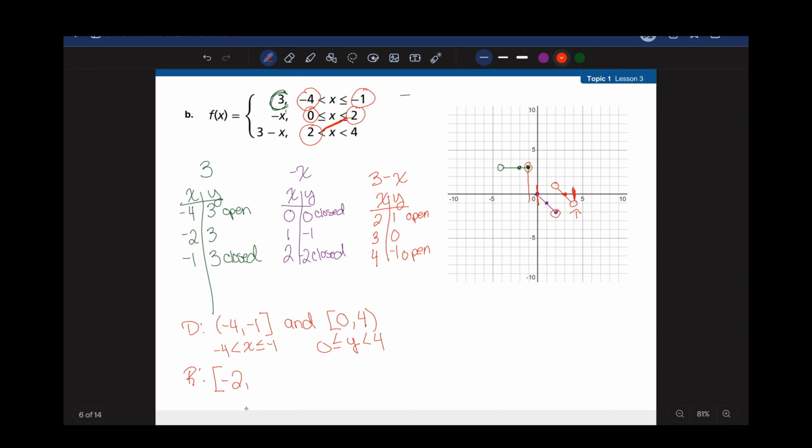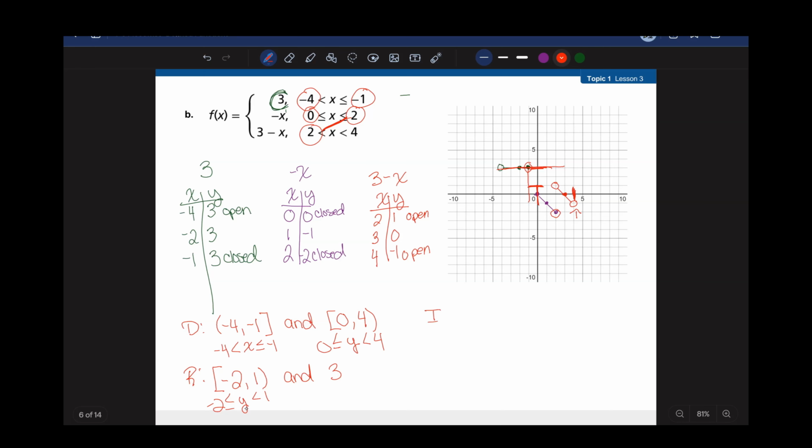So -2 all the way up until I get to right here, and then it stops and I don't have any points between here and here. So all the way to 1, that's an open circle, so parenthesis. And then the only other y value I have is right here, which is 3. So if I wrote this as an inequality, this will be my y is between -2 and 1, and this is literally just my y is 3.